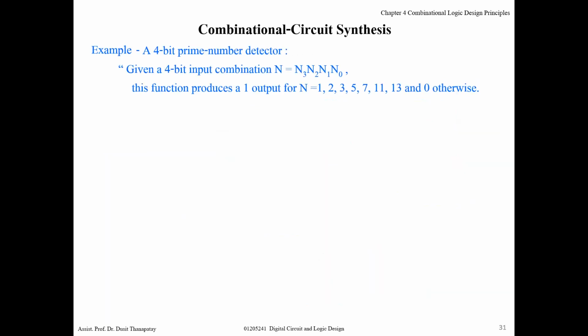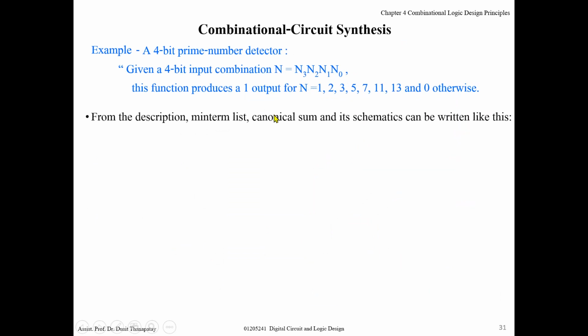Okay, now let's consider this example. If I want the function to be 1, when the input value n3, n2, n1, n0 is 1, 2, 3, 5, 7, 11, 13, okay, for this one, and 0 otherwise. So what should we do? Yes, I can write in this form, right?